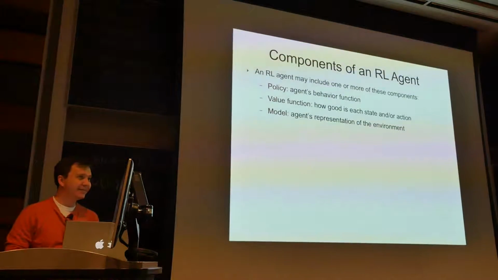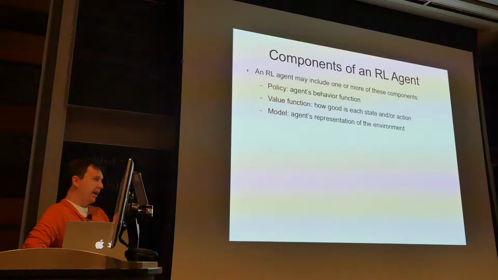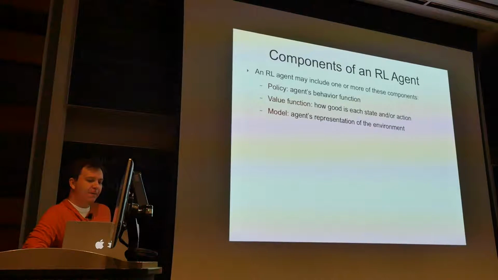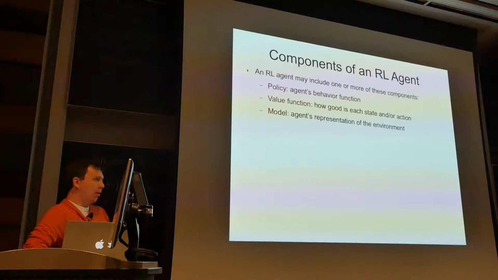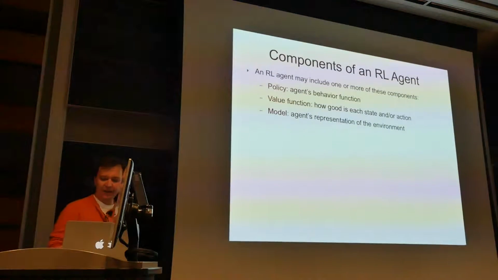Value function, that's another big component. How good is each state and action? For example, Q networks, that's precisely what they're trying to estimate. And obviously if you have a value function, you can get the policy out. And we've seen that.